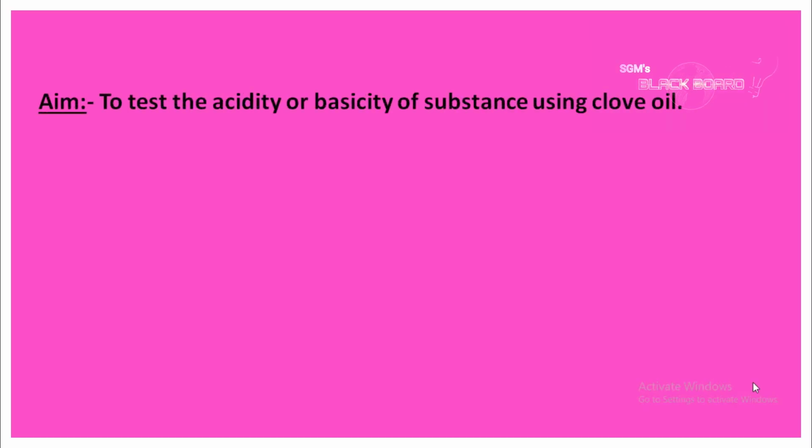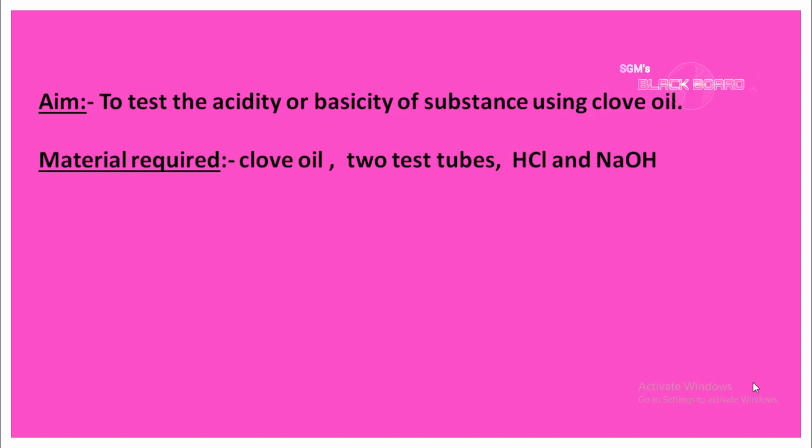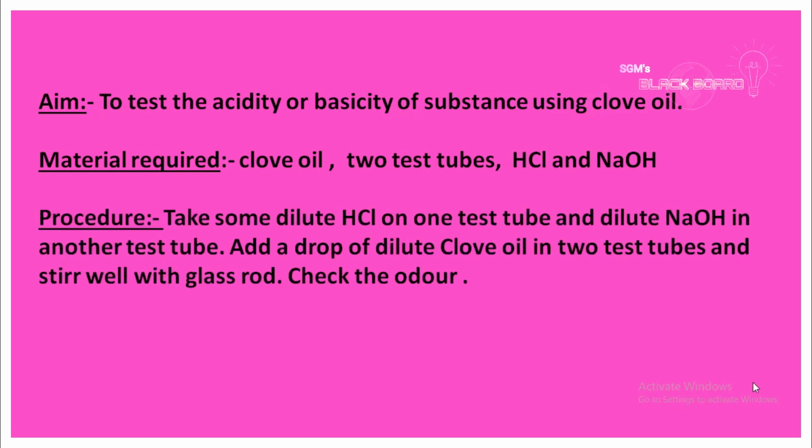One more olfactory indicator is clove oil. We know that clove oil also has a particular smell. Now this also can be used to identify acidity or basicity of substances. For that we require clove oil, 2 test tubes, HCl and sodium hydroxide. Procedure: how to do this activity? We do the same as previously.